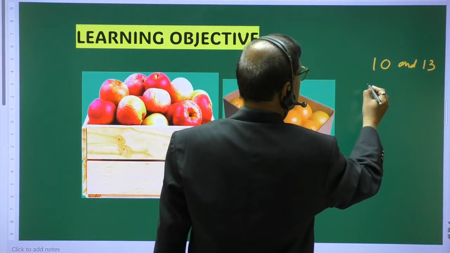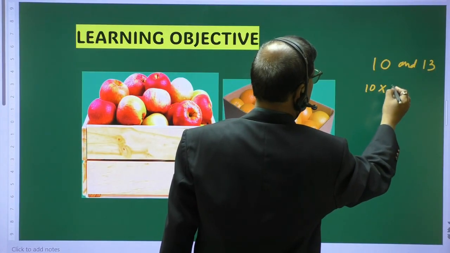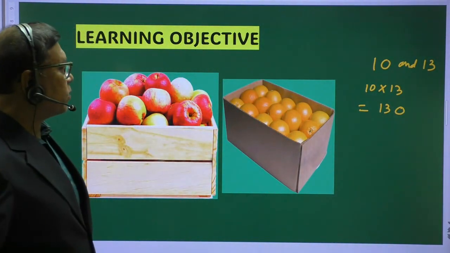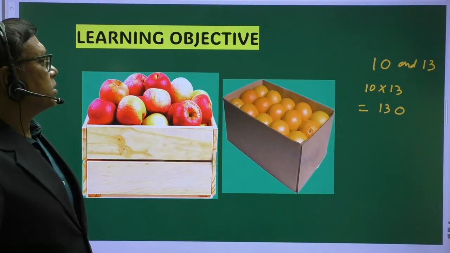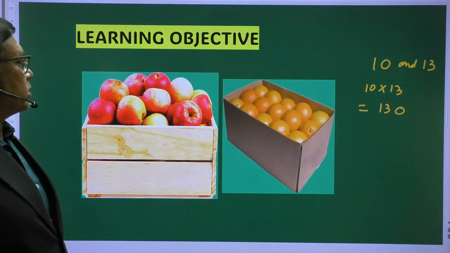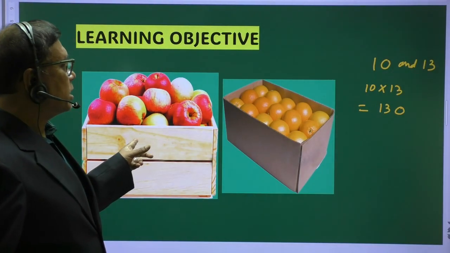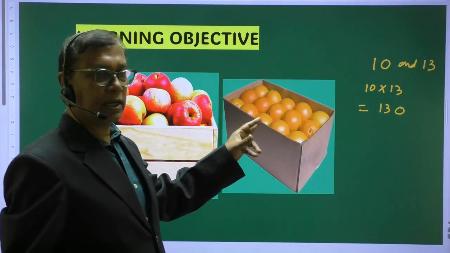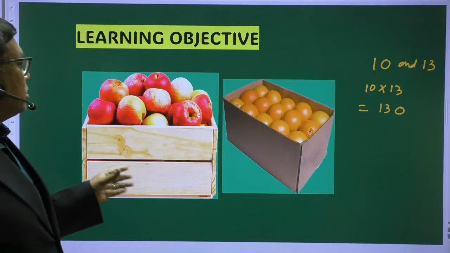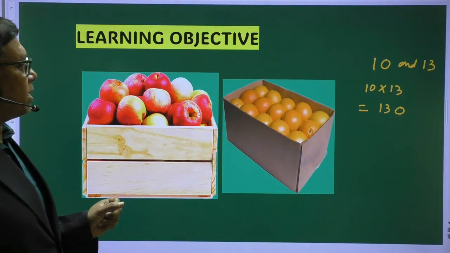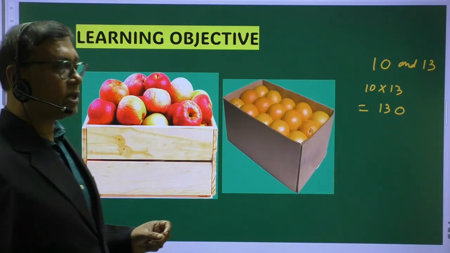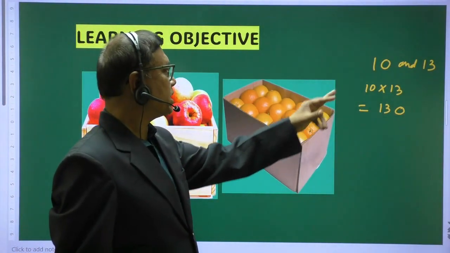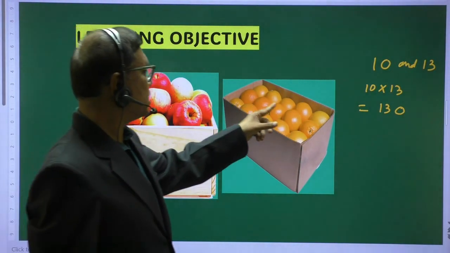That is 10 into 13, that means 130 apples and 130 oranges the fruit seller will buy, so that he can keep 10 apples in each box and 13 oranges in each box. The total number of apple boxes is 130 divided by 10, that is 13 boxes of apples, and 130 divided by 13, that means 10 boxes of oranges.